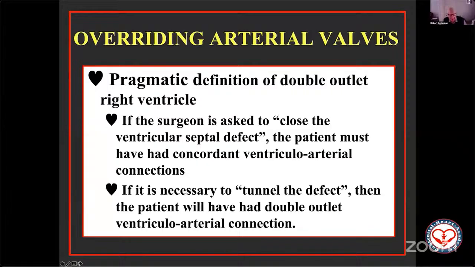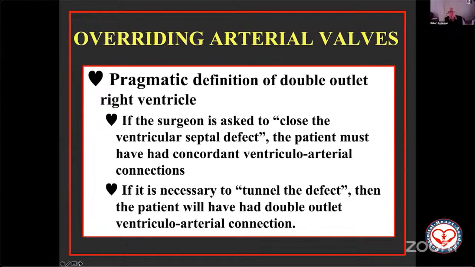But if in contrast you say to the surgeon, what I want you to do now is to go into the operating room and tunnel that subaortic left ventricular communication so that it communicates with the aortic root, in that setting, you will have made the decision that the patient initially had double outlet ventriculo-arterial connection. So it's as easy as that.